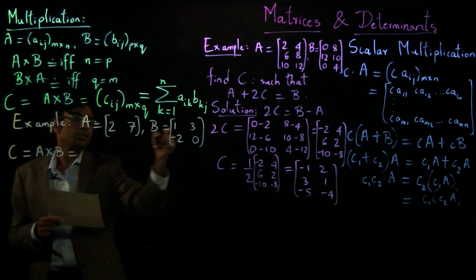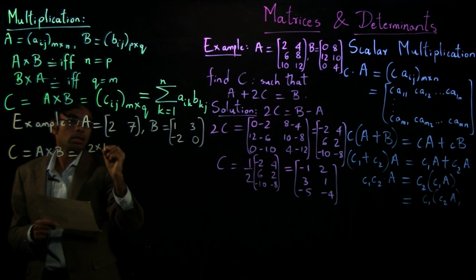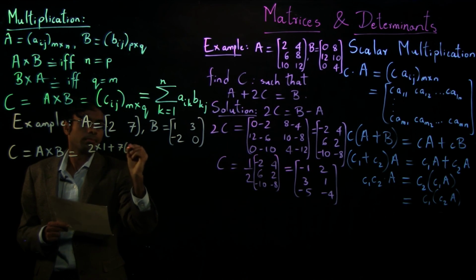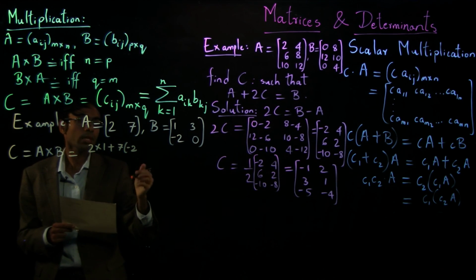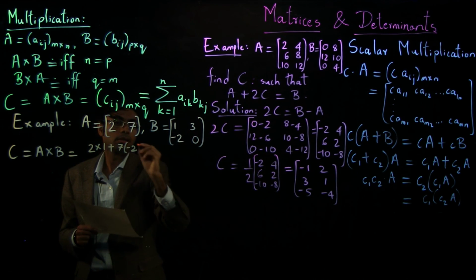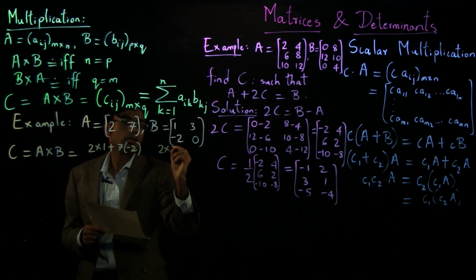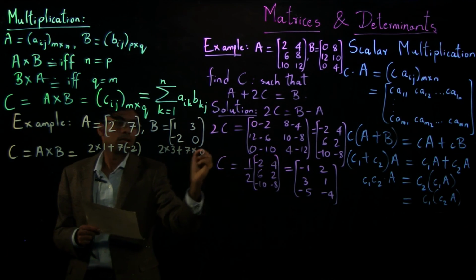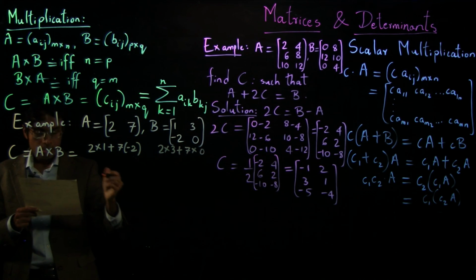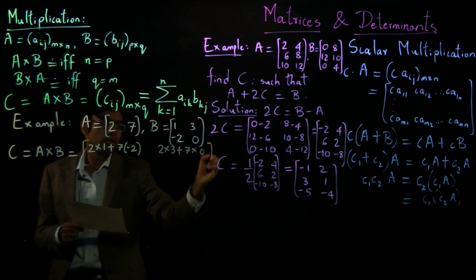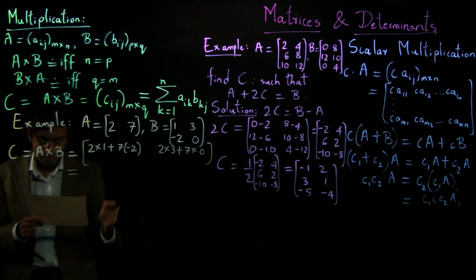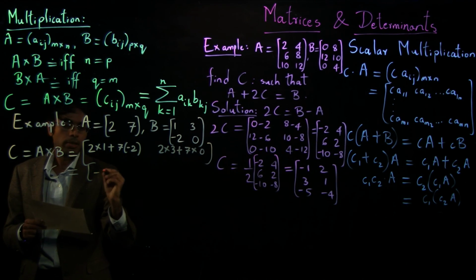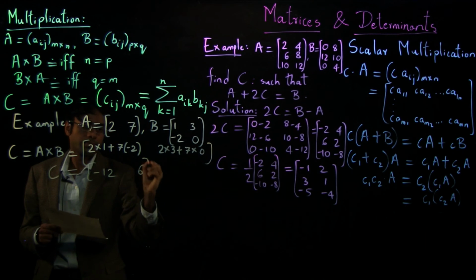So 2 times 1 plus 7 times minus 2, then 2 times 3 plus 7 times 0. That is the matrix multiplication. And so finally your C is minus 12 and 6.